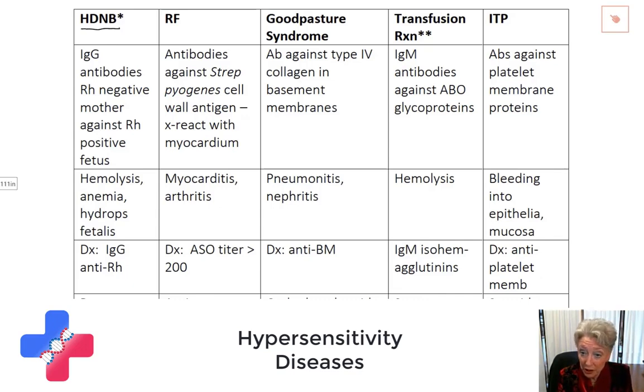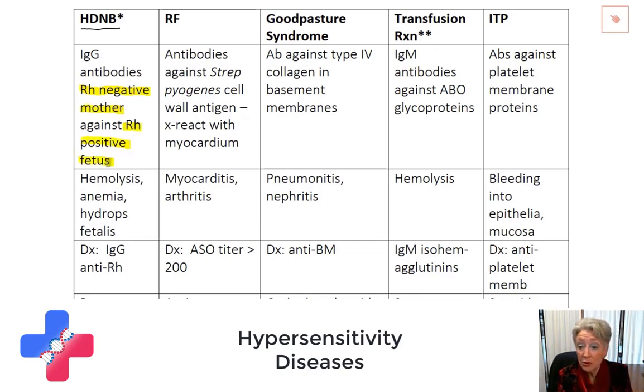Okay, we don't see a lot of this anymore because it is a point of medical management that we're very careful during pregnancy to ascertain whether or not it's likely for a mother to have a reaction against her fetus. But generally, we don't see the problems in the first pregnancy. It happens in an Rh negative mother when she's pregnant with an Rh positive fetus.